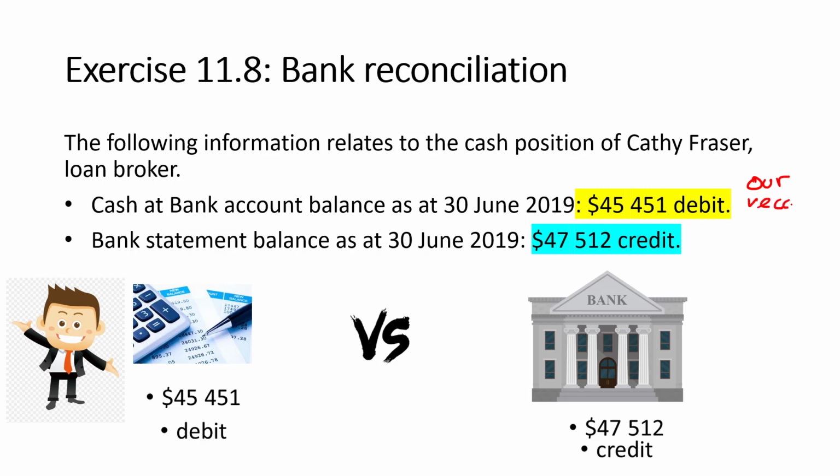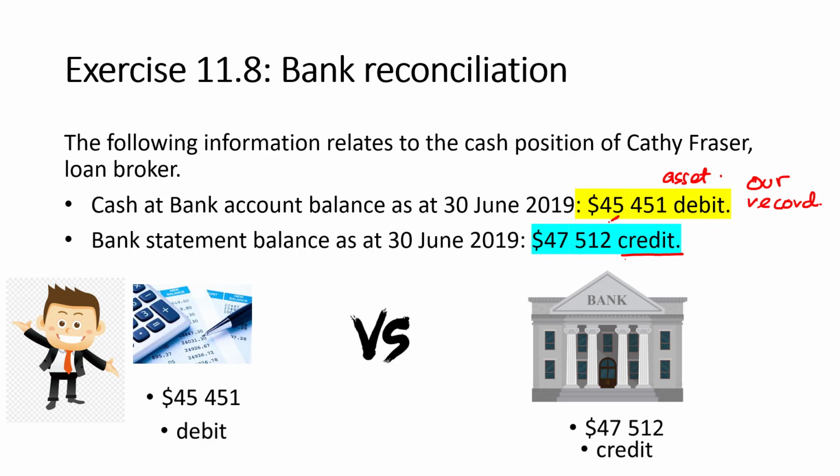Our cash balance is 45,451, and it's a debit. Debit means our assets. However, in the bank statement sent by the bank, our balance of cash was 47,512, and you can see it's a credit balance.